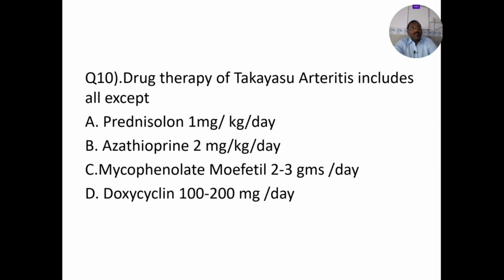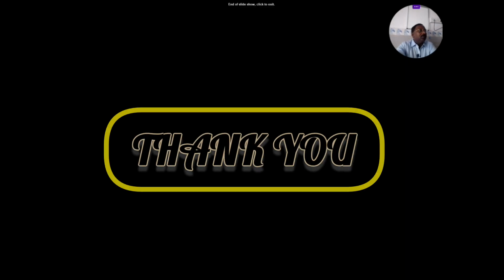Any role of antibiotics in vasculitis? No. So here the right answer is D, Delhi, not the doxycycline. So prednisolone is useful, azathioprine is useful, mycophenolate is useful. Okay, maybe cyclophosphamide is useful, methotrexate is useful. Even other biologicals are also useful, not the antibiotics. So thank you very much for your patient hearing.